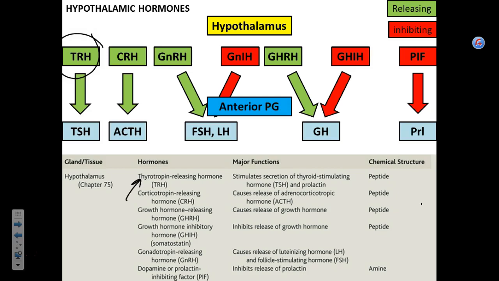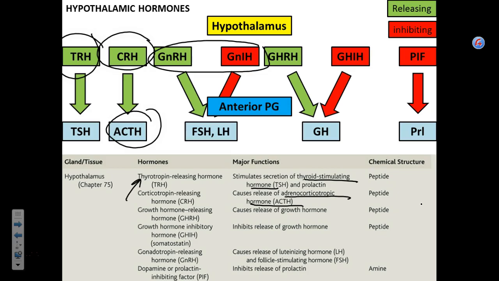It releases thyrotropin, or thyroid stimulating hormone, from pituitary gland, which must be right here. Okay. CRH, corticotropin releasing hormone, stimulates the release of corticotropin, or another name for this hormone, adrenocorticotropic hormone, from pituitary.